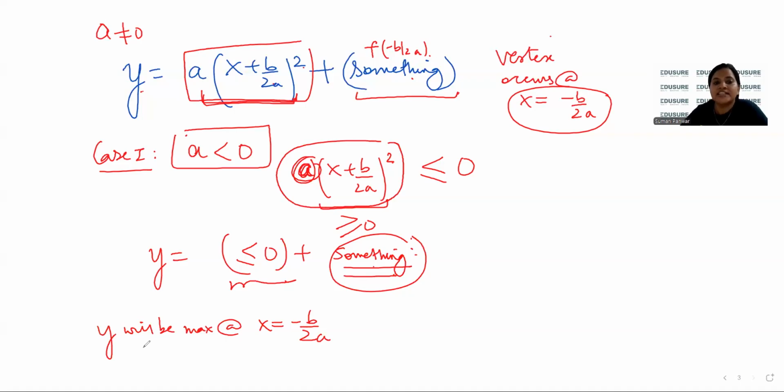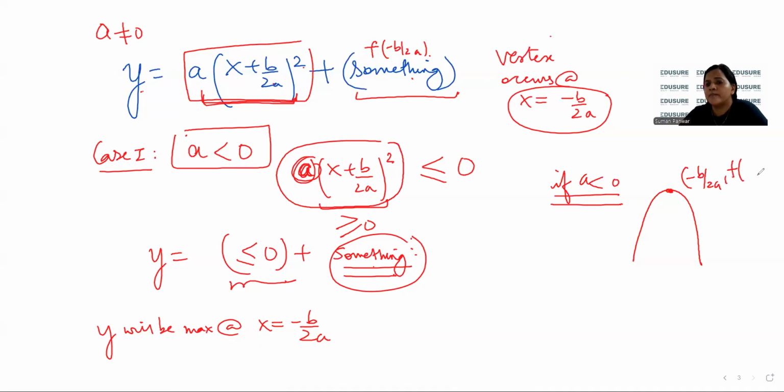So basically y will be a maximum. So if a is negative, we are going to get something like this. So we will have a maximum at minus b by 2a. So we have a down opening parabola if a is negative. This is the first observation.